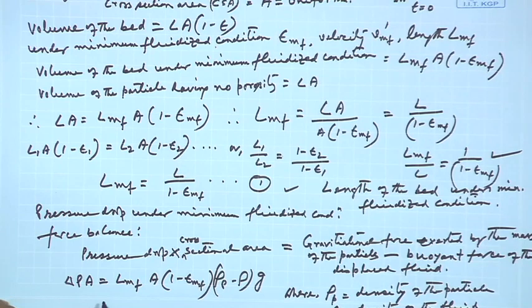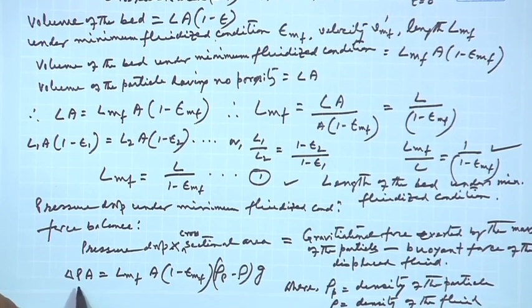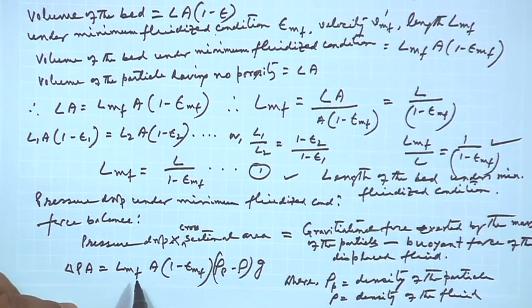So, we got that delta P A is equal to LMF A (1 minus epsilon MF)(rho P minus rho) g.